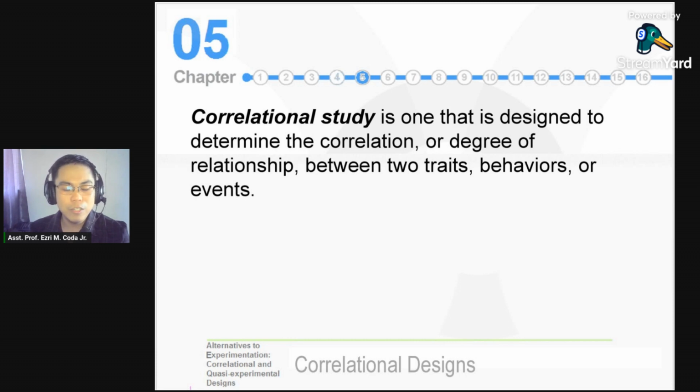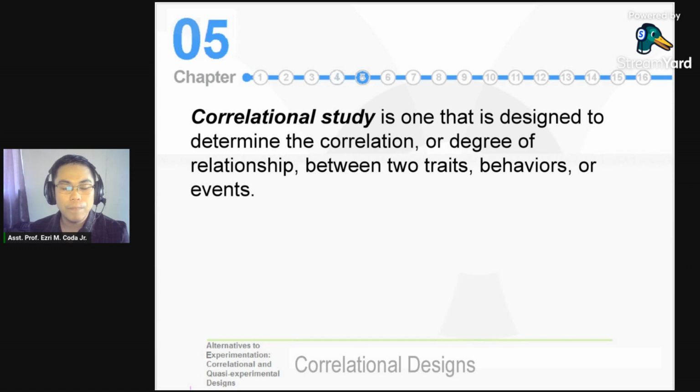Experimental research designs are characterized by manipulating the variables they are trying to study in their respondents.